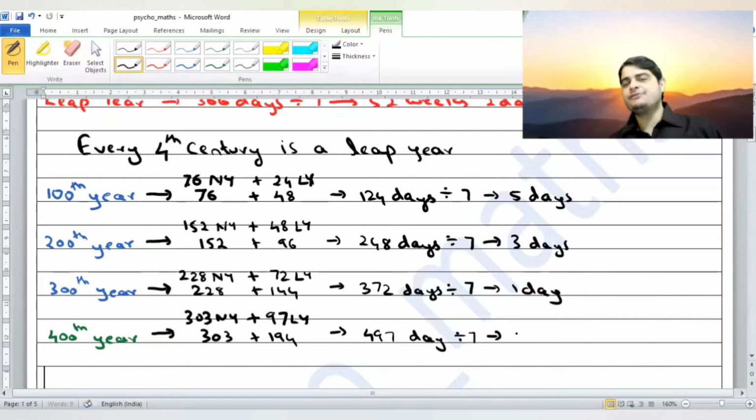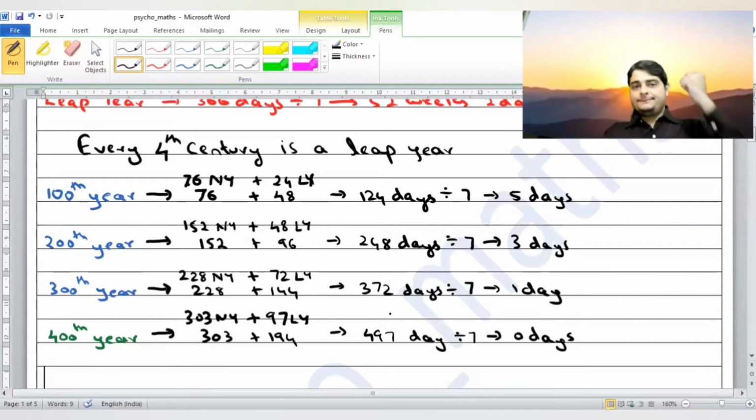At completion of the 4th century, here comes 0 days extra. It means every 4th century has a leap year just to set off the additional days of the earlier years itself, or else it will be a chain of additional days. So at every 4th century, these additional days get set off.